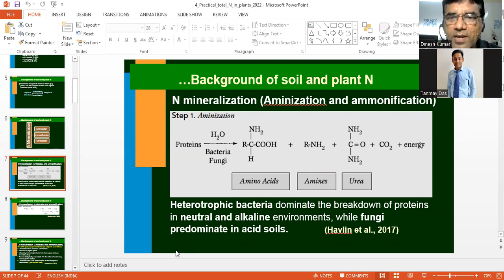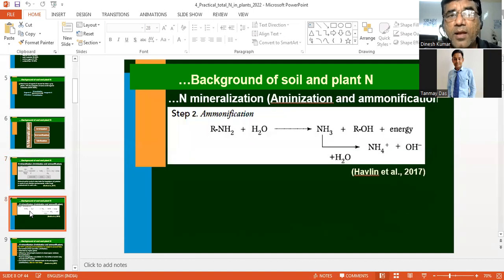So hope you understand this aminization. These three compounds are formed: amino acids, amines, and urea. And then ammonification of these amino compounds containing amino group NH2. RNH2 represents the amino group, plus water hydrolysis, and there may be some organism here, and then it is converted to ammonia.